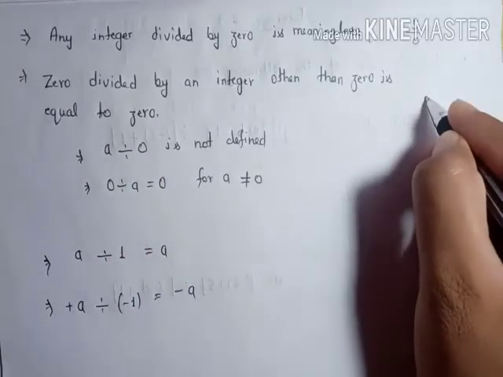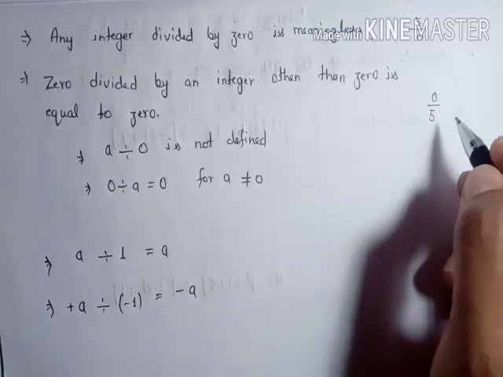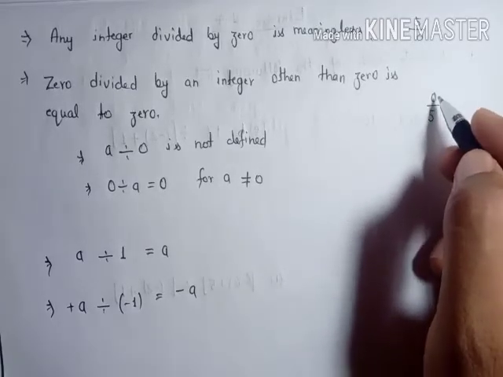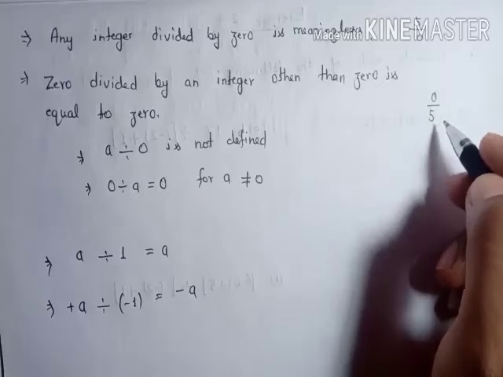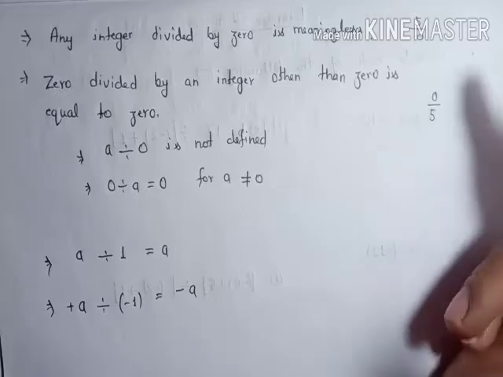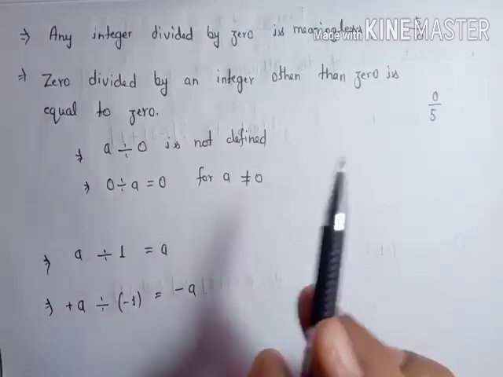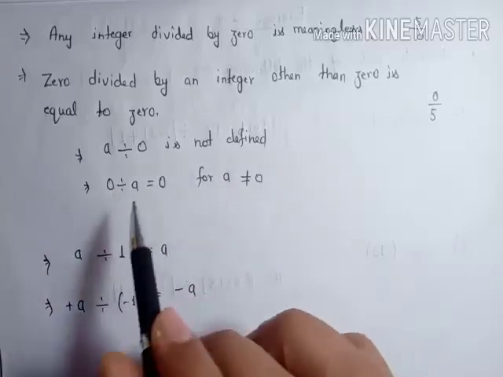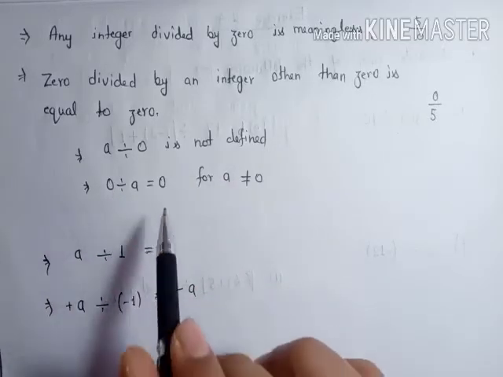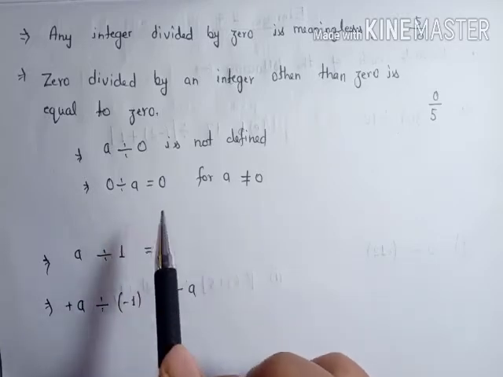It means when you divide 0 by 5, there is a fraction in which you have to select 0 parts out of 5. The value of this fraction is nothing because you selected 0 parts, so it is 0. So you can write when a is divided by 0, that is not defined, but when 0 is divided by a, any integer other than 0, in that case the result is 0.